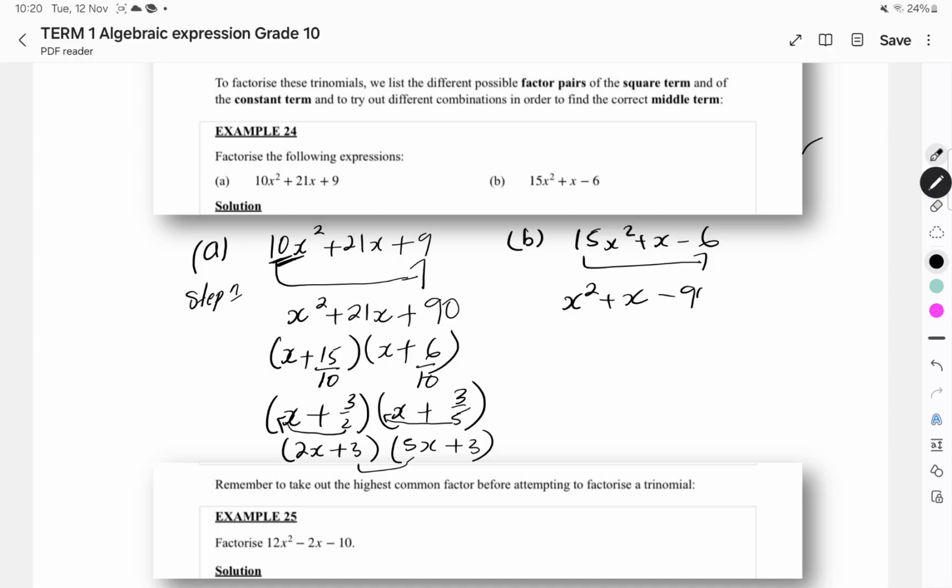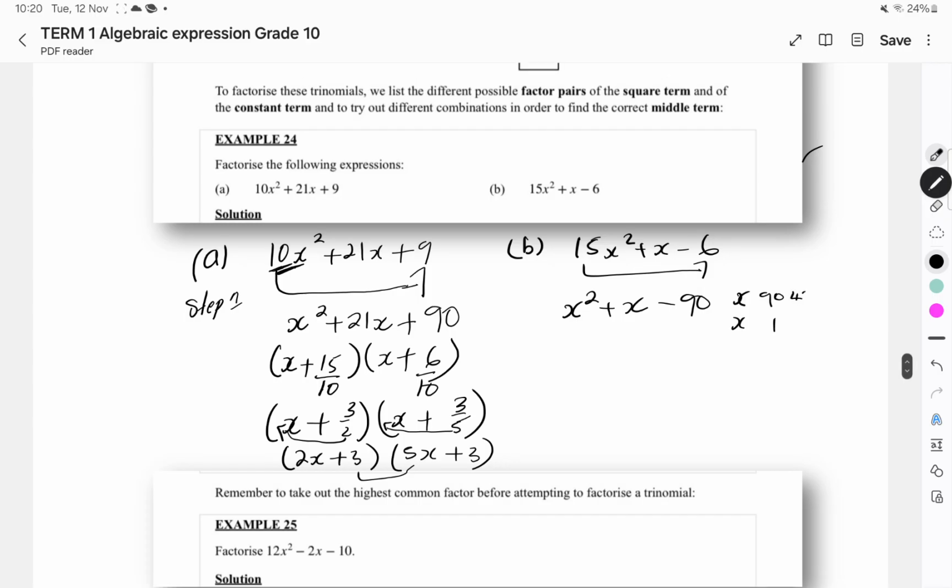The factors of 90 with x and x are 90 and 1, 45 and 2, 30 and 3.